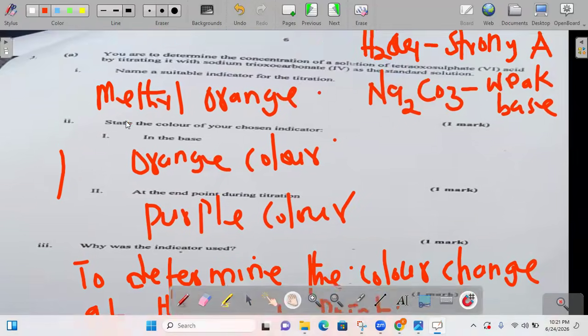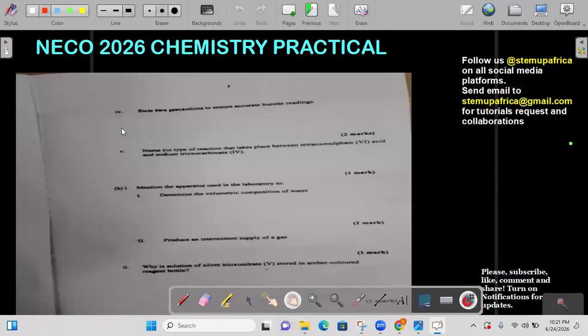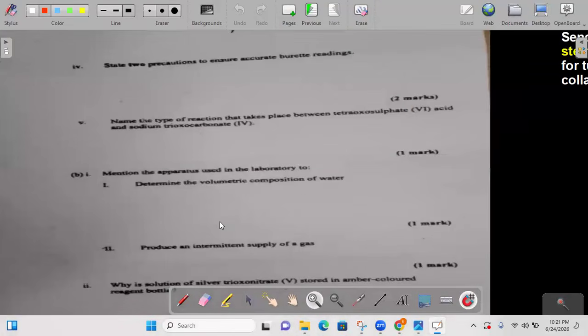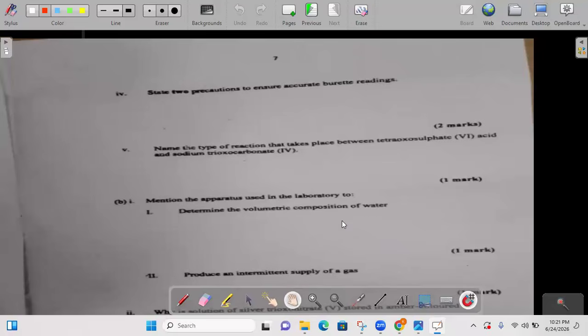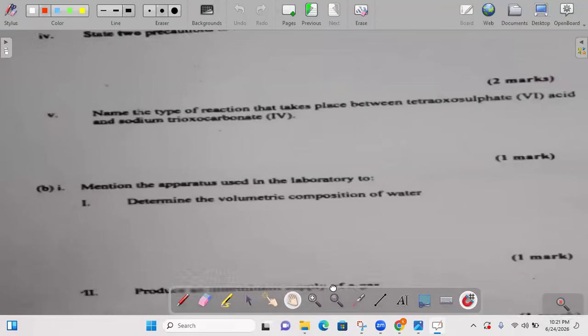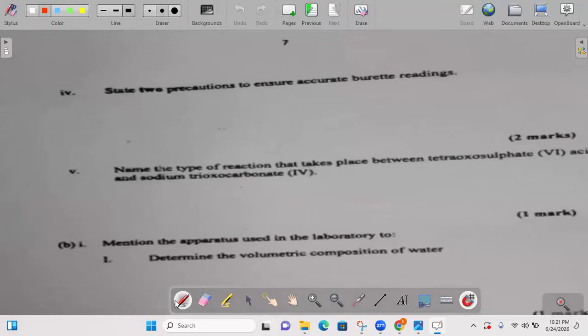So this is question 1.3a. Let's go to Roman figure 4. It says, state 2 precautions to ensure accurate burette reading. There are many, but let me just give you 2 here.